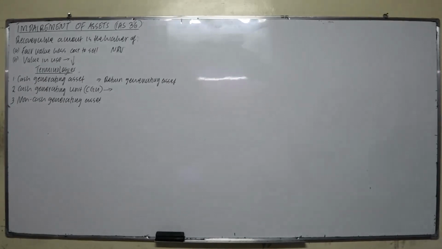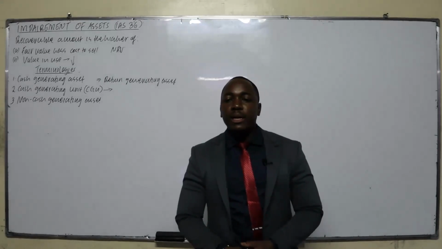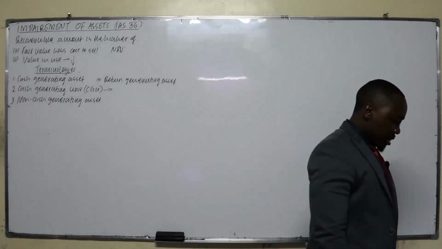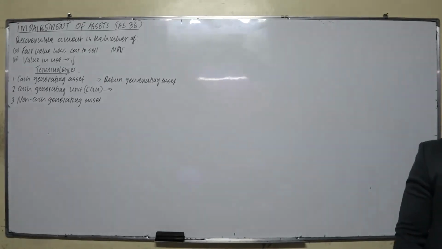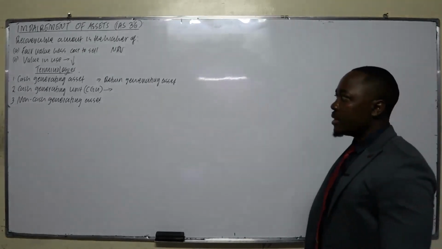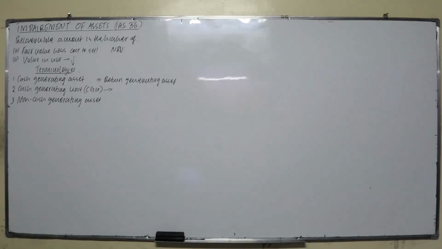Number three, reduction in the market interest rate. Another one, evidence of internal superior performance. Yeah, that means the asset is performing better than what we expected. Those are some of the indicators of impairment reversal.